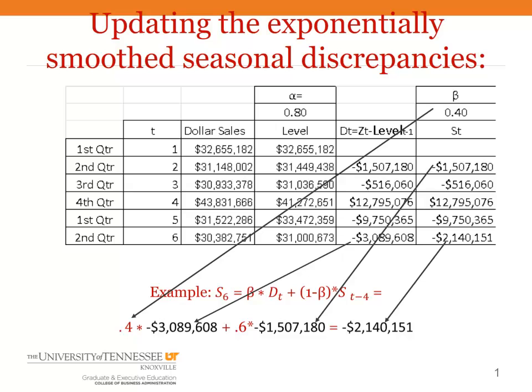And then I get a smooth value for the discrepancy in the current period of about minus $2 million. So basically this is period 6, and we're saying how much does period 6 differ from period 5. Period 6 is the second quarter, period 5 is the first quarter. It says there's usually a drop between first and second quarter.